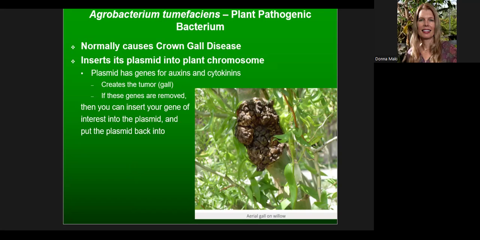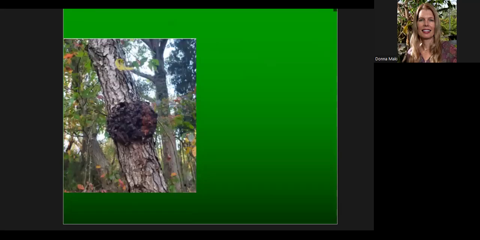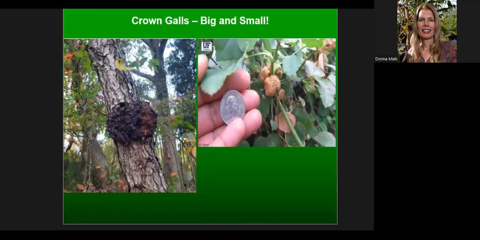Then the Agrobacterium will infect the cells and put the plasmid into the plant chromosome that has your gene of interest, but it won't be causing any issues like this. So you can end up with a really healthy plant. This is what it normally does, but when you use it in that way, where you knock out those genes and put your gene in, and then you grow the plant up through tissue culture, you'll have a fully healthy plant.